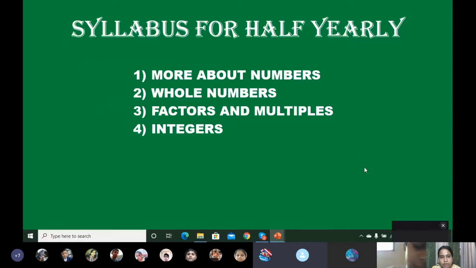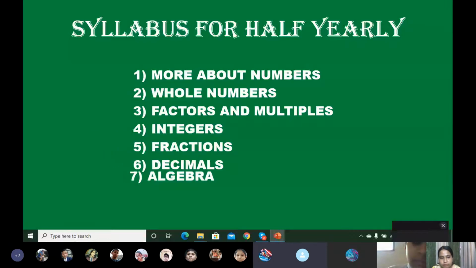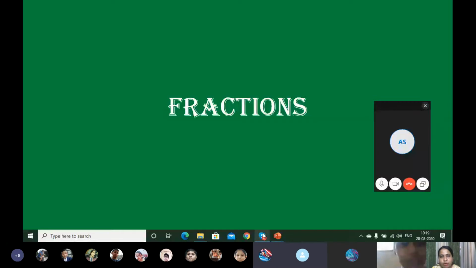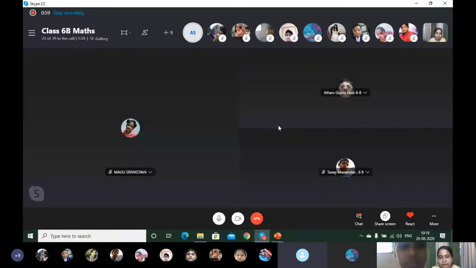Fourth chapter is integers. Fifth chapter is fractions, which we are already dealing with. Sixth chapter is decimals. Seventh chapter is algebra. So these are the topics which you have to deal with in your half yearly. Have you noted?